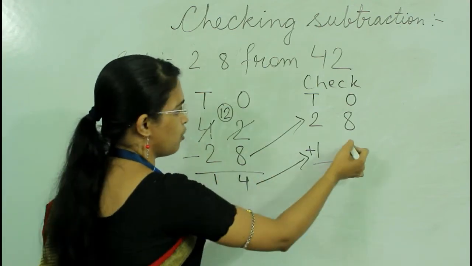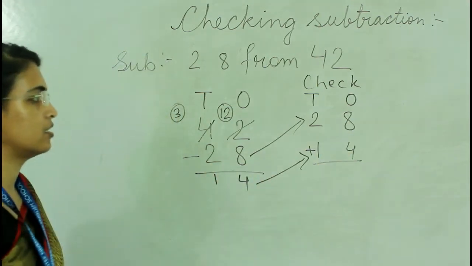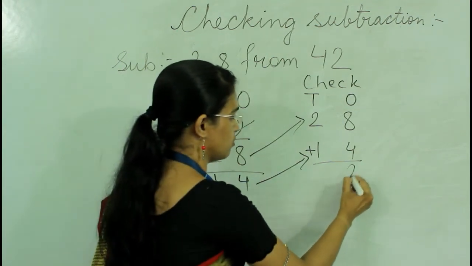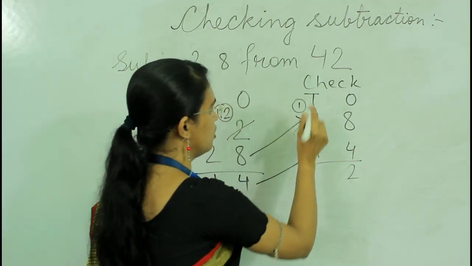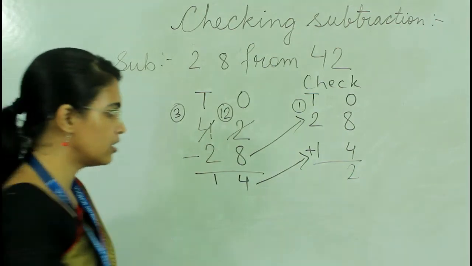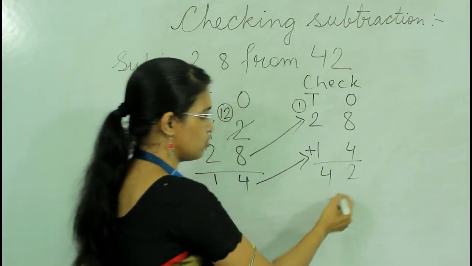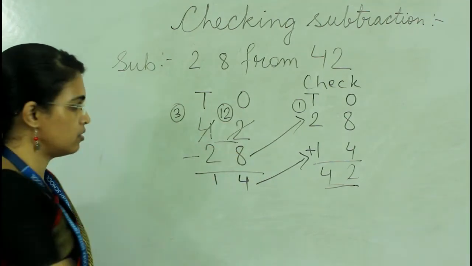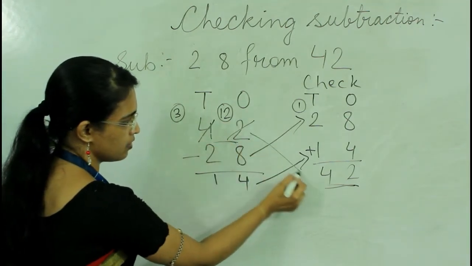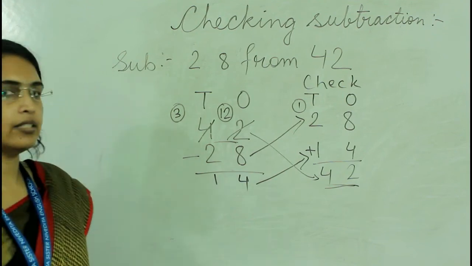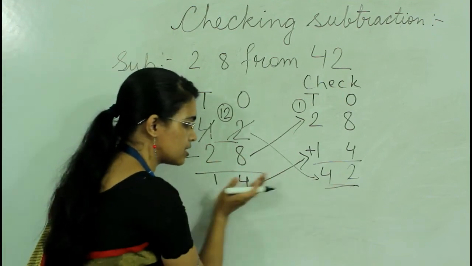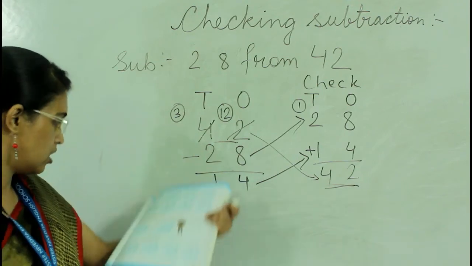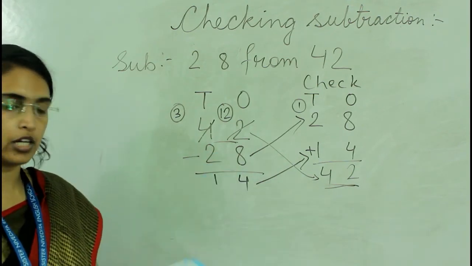So 4 plus 8: 9, 10, 11, 12. 2, and we carry 1. 2 plus 1 is 3. 3 plus 1 is 4. So we got 42. Here we have 42. Same. That means this answer is correct. In this way you can check your subtraction sums.